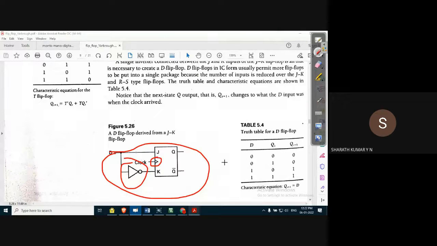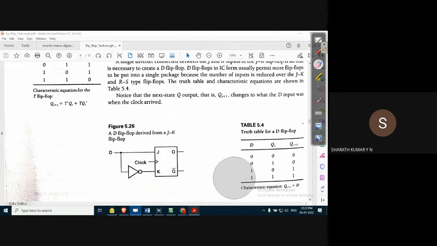We are applying a clock pulse. If there is a bubble, that means it is a negative clock pulse. Negative clock pulse means normally high, it goes low whenever it is applied. Normal clock pulse is normally low, and it will change the state as long as it is powered. As long as the crystal oscillator is powered, it will generate the oscillations, that is, clock pulses. So this is for the D flip-flop.